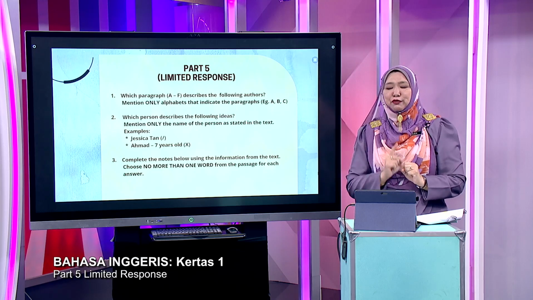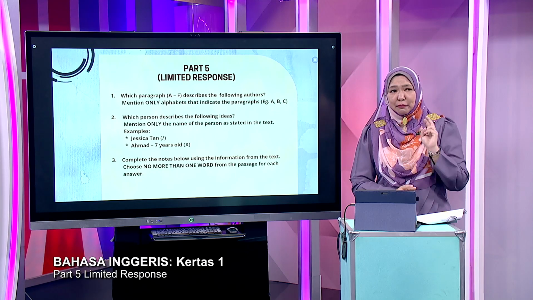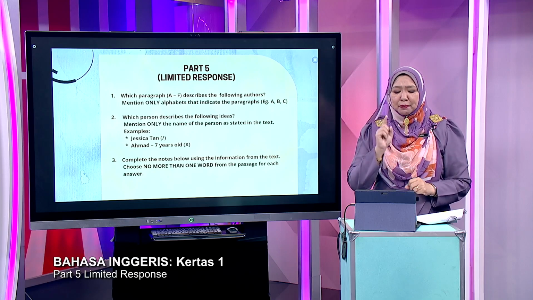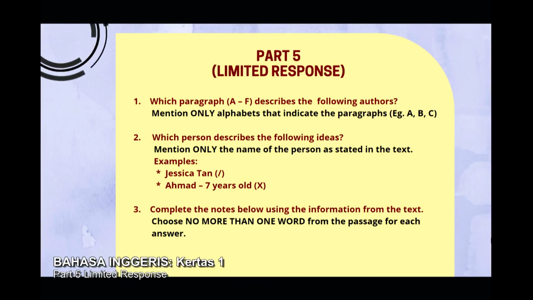You have to follow the instruction. Number 2: if the question or instruction is which person describes the following ideas, then you mention only the name of the person as stated in the text. Example, Jessica Tan.